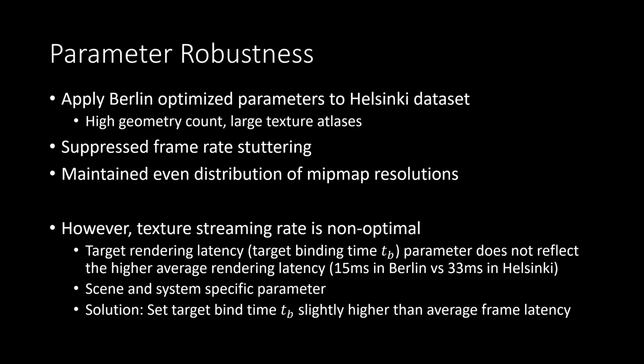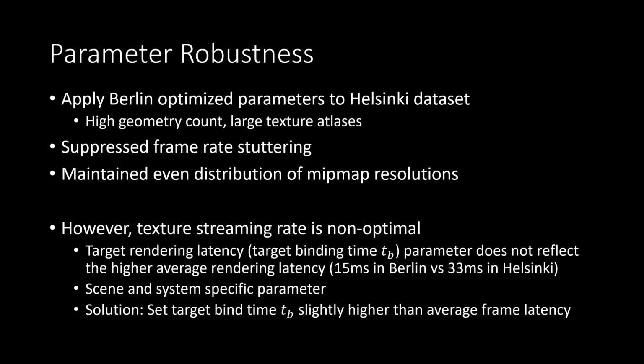We want to test how robust our system is, so we apply the Berlin optimized system parameters to the Helsinki dataset, which has a higher geometry count and uses large texture atlases. Still, our texture streaming system managed to suppress frame rate stuttering and maintained an even distribution of mipmap resolutions.